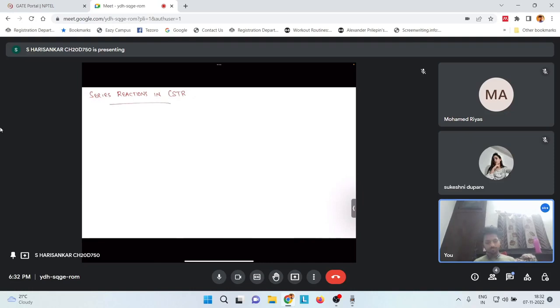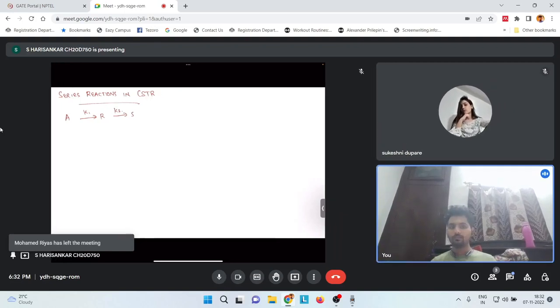Okay, so the same reaction, A gives R gives S with K1 and K2. Now we are not going to derive the whole thing again, but I'll just give you the formulas for how we can arrive at the T optimum for series reaction. Here T optimum can be represented as tau optimum. So tau optimum for CSTR will be 1 by root of K1 K2.